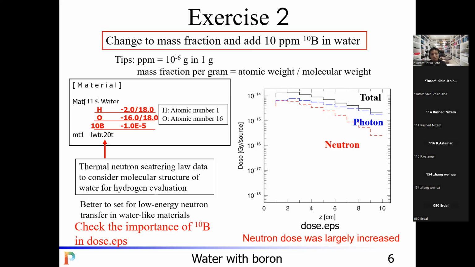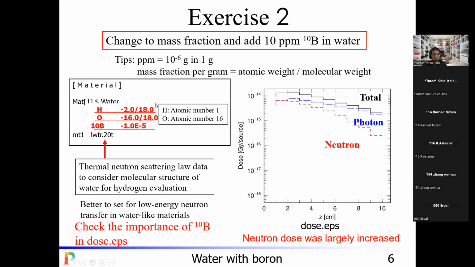The total atomic mass of a water molecule is 18, and 2 of the 18 is hydrogen, and 16 of the 18 is oxygen. So if you want to convert to the mass fraction, you have to write it this way.